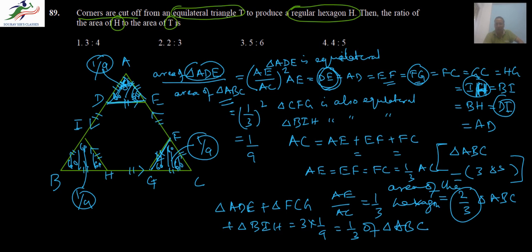So therefore the area of the hexagon is 2/3 of the triangle ABC. So in the options you see option number 2, which gives 2:3 or 2/3, is the correct option.